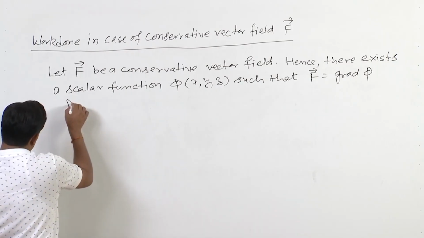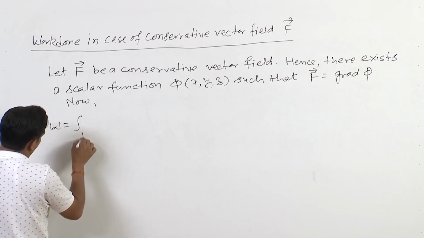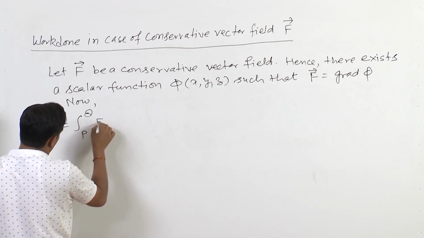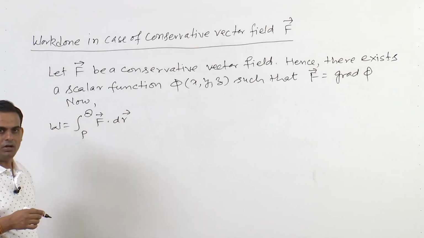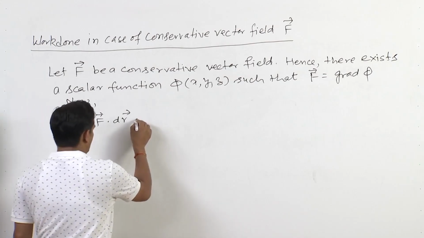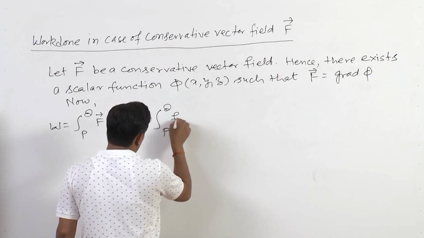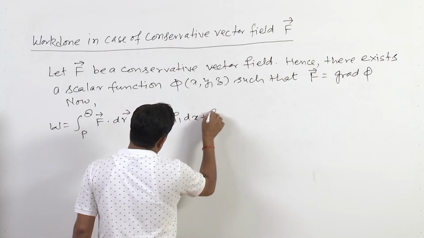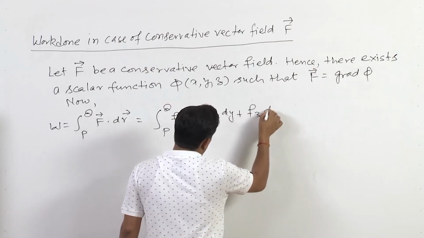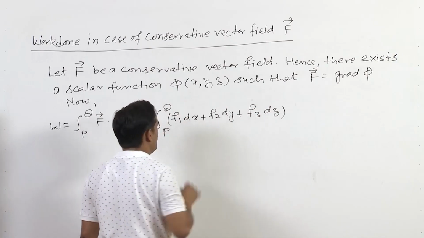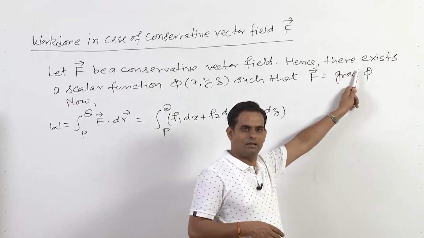Now, the work done W from P to Q is the integral of F dot dr. So, it will become the integral from P to Q of f1 dx plus f2 dy plus f3 dz. Now, this F equals grad of phi.